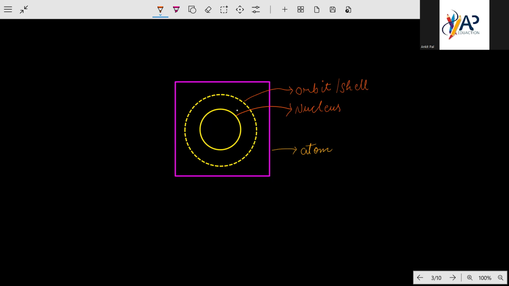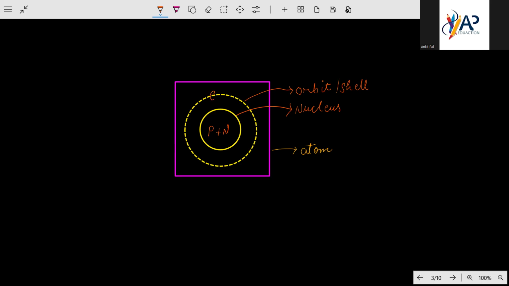Inside the nucleus, there are protons plus neutrons. Outside the nucleus, electrons are revolving on the orbit.